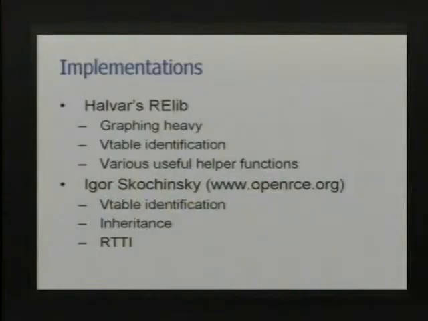There's also a new article on OpenRCE, which covers a lot of the same stuff that I'm going over here. He wrote some tools in IDC. He does vtable identification, runtime type identification, and some inheritance stuff. I haven't gone through all of it, but for the stuff I'm going to show here, you could use any of the methods, or you could use the methods that I use to find this stuff, and you could use the same code and it would work the same way.